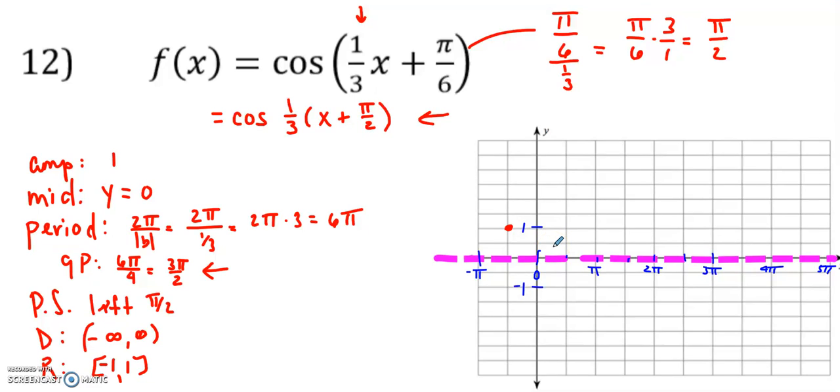I need to go 3 pi over 2. Well, that's only 1 pi over 2, 2 pi over 2. So I'm going to 3 pi over 2 over here. 1, 2, and then we're down here. 1, 2. So I need to make it happen every 2 tick marks.